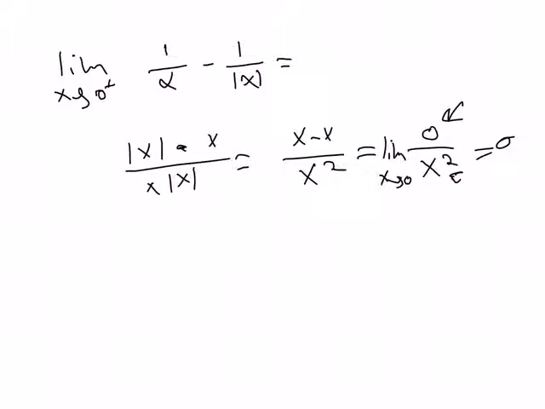So for any given epsilon, no matter how small we get, for every x, no matter how small this x is getting, it's still some positive number, and so this becomes 0. And right, we're approaching from the right.